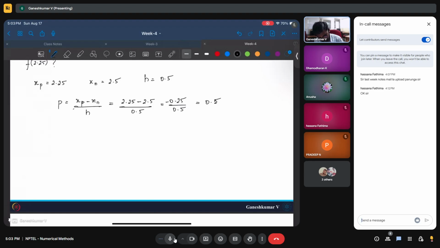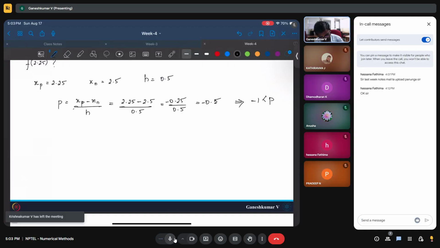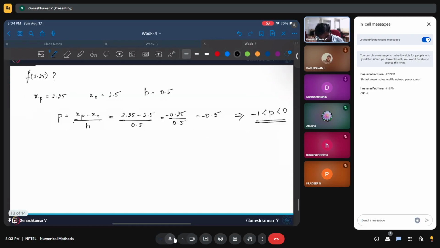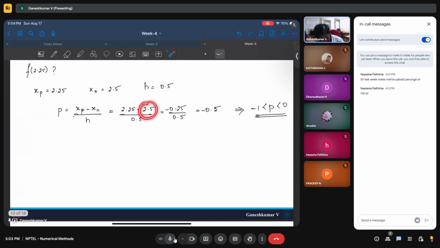Sorry, minus 0.5. Now this is the p which lies between -1 and 0. This condition is satisfied. So you should select only this 2.5. If you would have chosen 2, what would happen? This becomes 2. If you make this 2, then this becomes plus 0.25. This becomes plus 0.5. That does not lie in between these values.